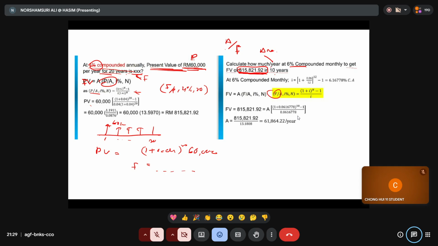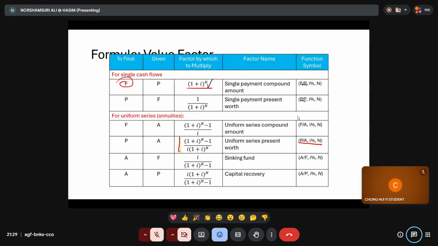It's an annuity at 6% compounded monthly to get a future value of 800,000. You already have the future value and you want the annuity, so you calculate A over F with 6% and 10 years. You have to use this formula.